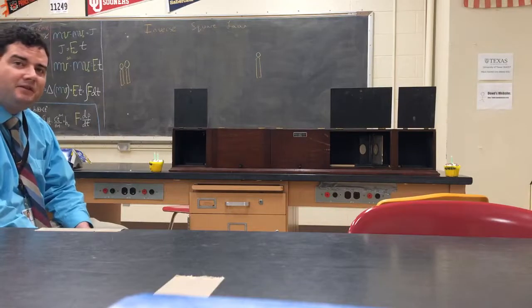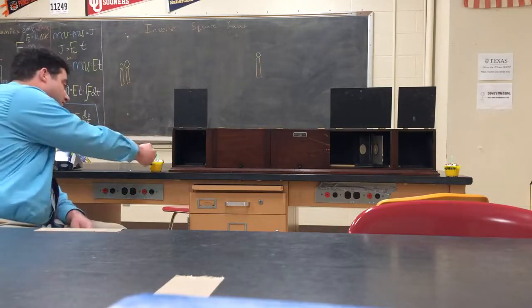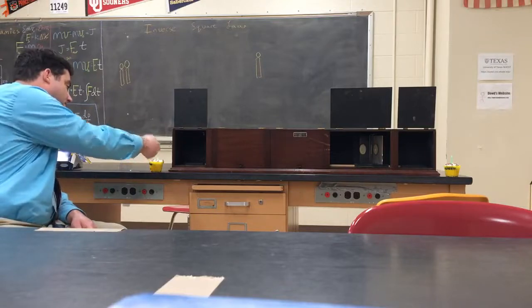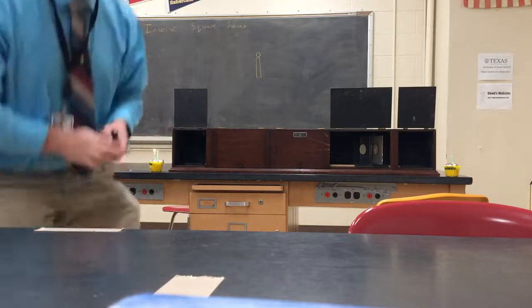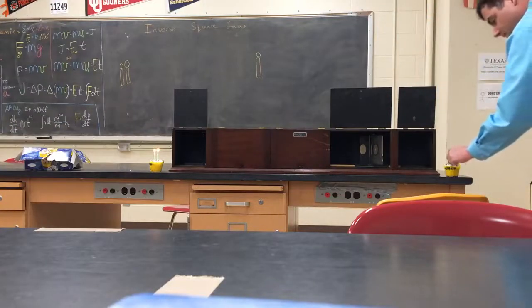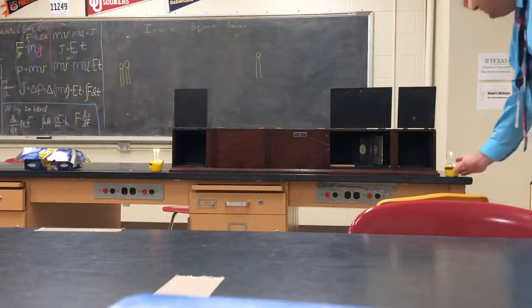This box is a really cool device for measuring the relative intensity of two light sources. I'm going to light these two candles. I'm going to light this one here. And I'm going to put them into the box.